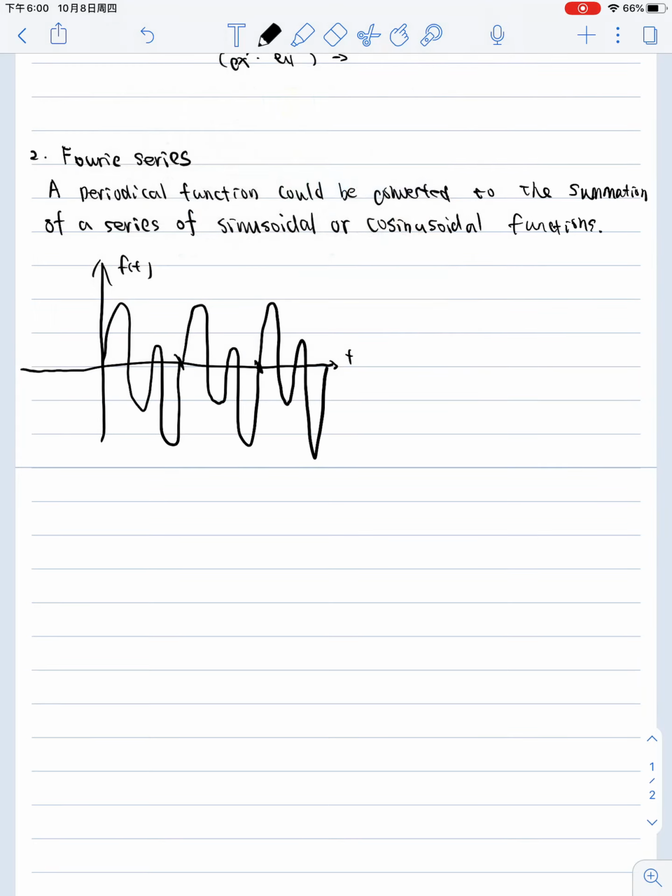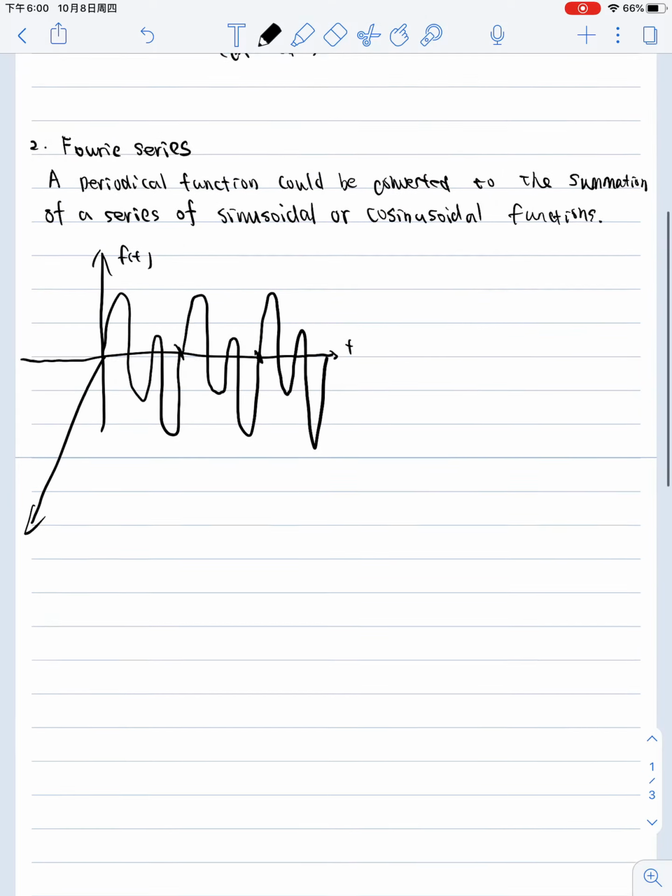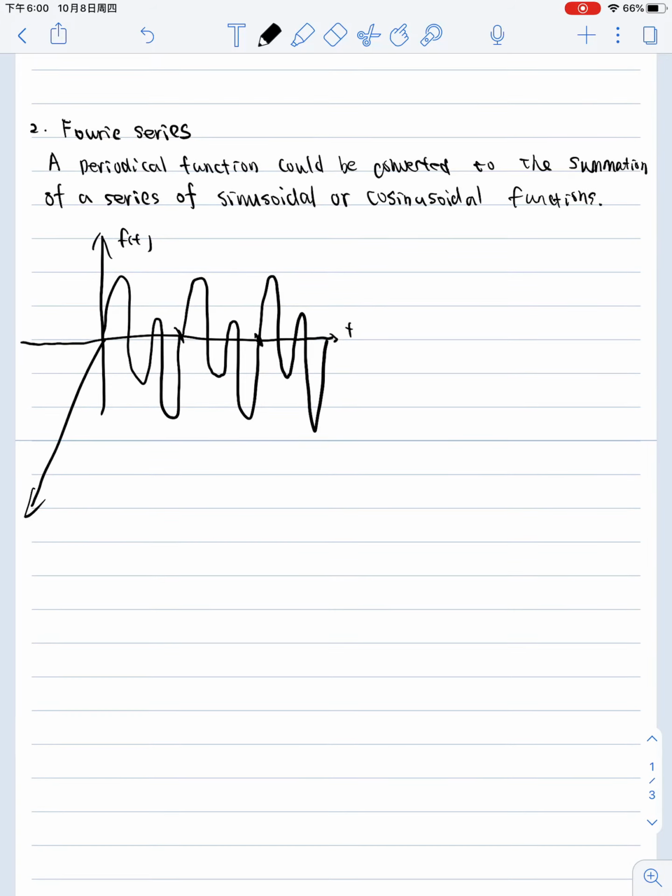For example, this original function could be converted to 3 sine functions, and they have different frequency, phase and amplitude. So the first one maybe like this.